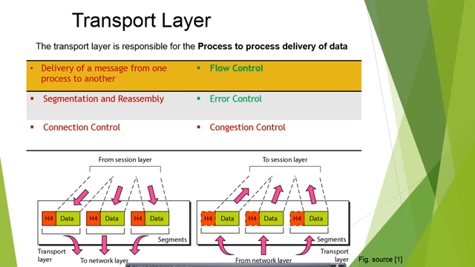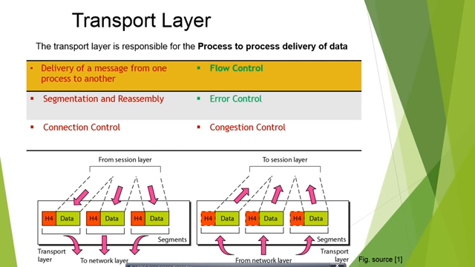Now coming to the next responsibility, error control at the transport layer. Like the data link layer, the transport layer also provides an error control mechanism, which is performed process to process rather than across a single link.